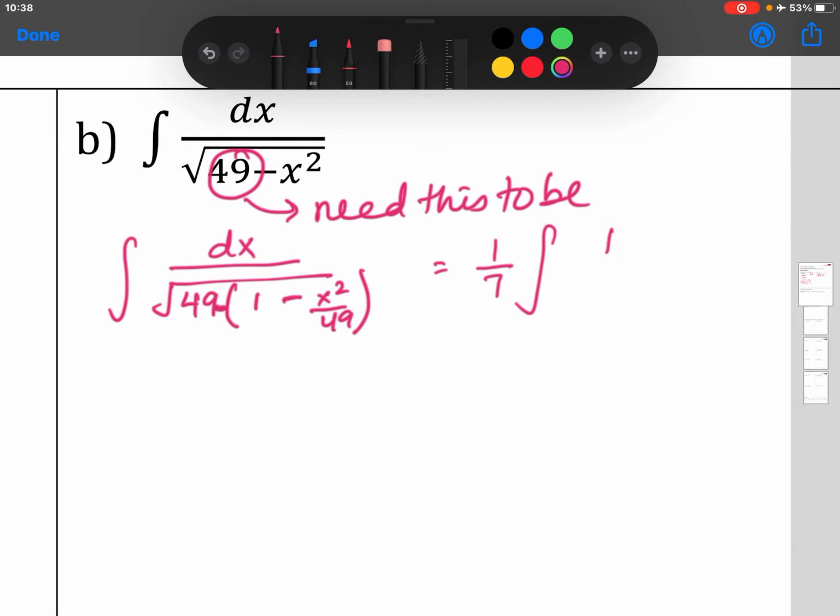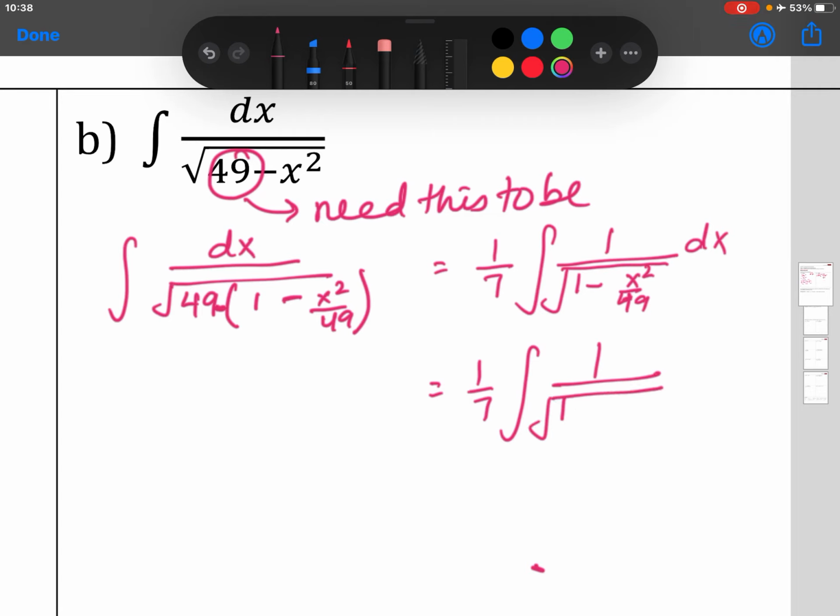I'm going to write it as 1 over 1 minus x squared over 49 square root dx. Now think about it. What quantity squared gives me x squared over 49? It is 1 over 1 minus x over 7 squared. Yes, so that would be my u.